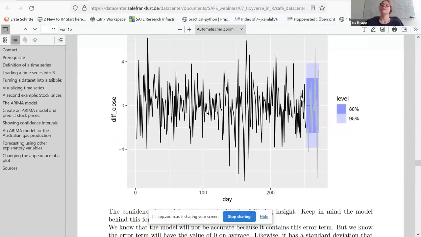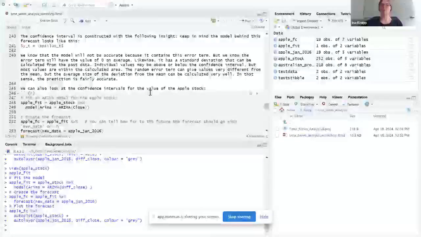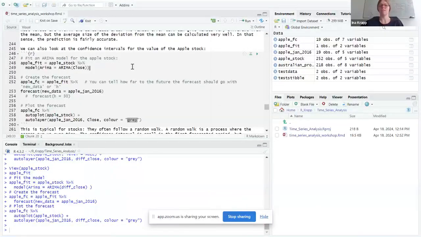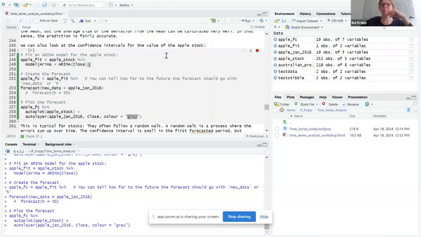Now, this is a fairly simple confidence interval because, as I mentioned, the data is stationary, so it is assumed that the mean and the variance will not change over time. But for an integrated model, the confidence interval looks very different. We will now take a look at the confidence interval for the absolute value of the Apple stock.